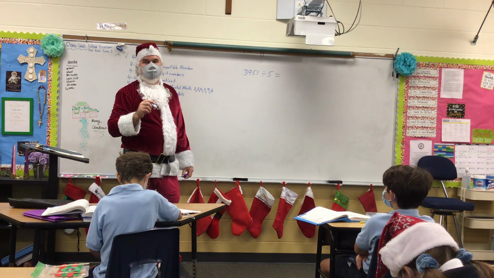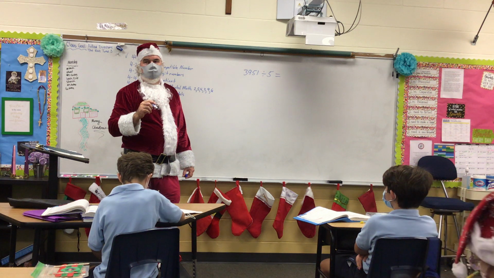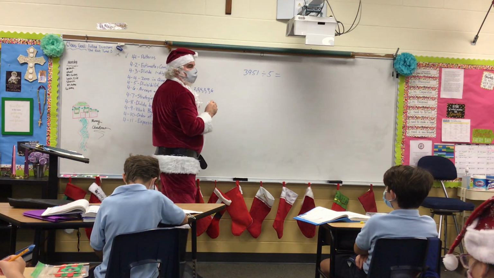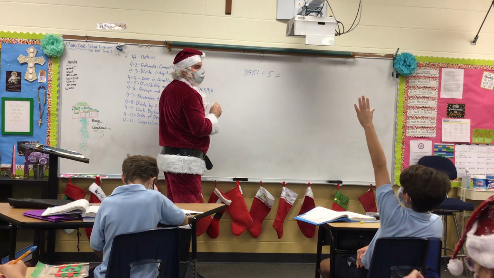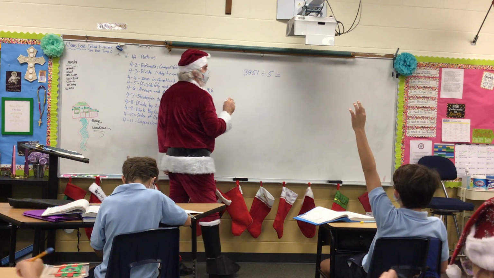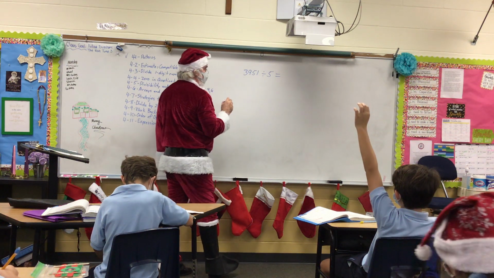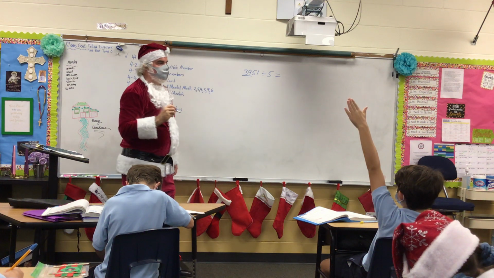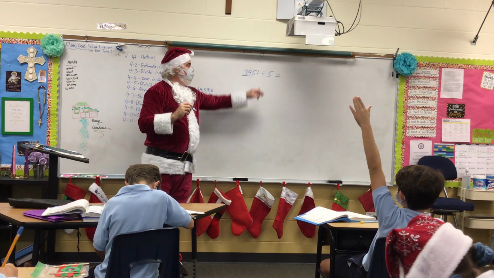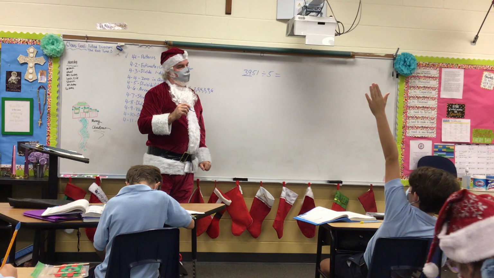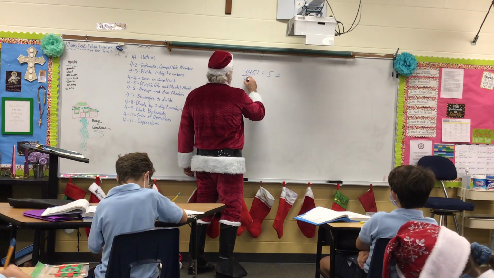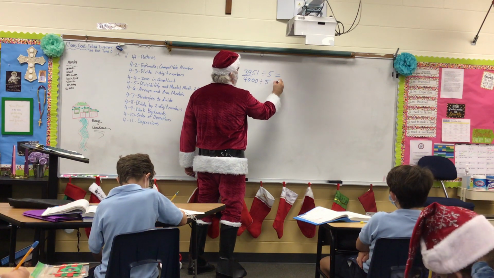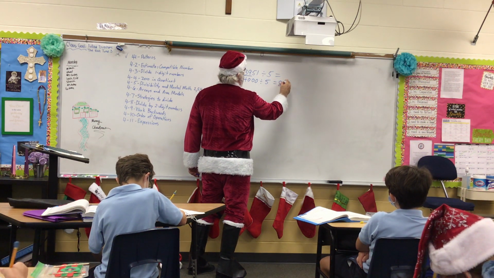Adam? 3,950. What they had us look at before was the first 2 digits. So you got 5 and 39. 40. So 4,000 divided by 5, and it would be 800.